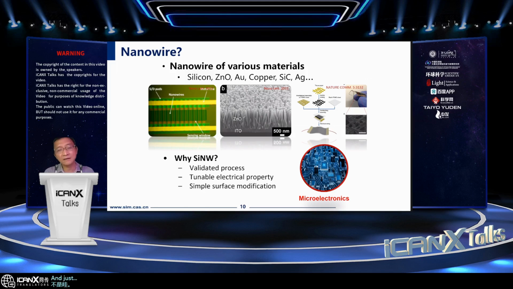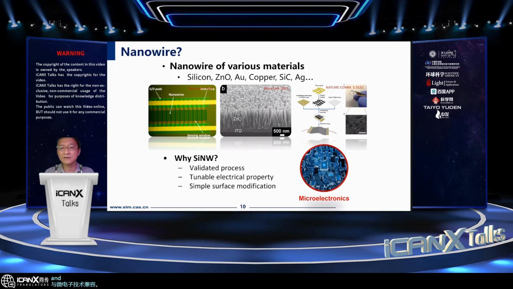And silicon nanowire may be one of the best candidates for sensors because it's a material for microelectronics, and it's compatible with microelectronics technology.